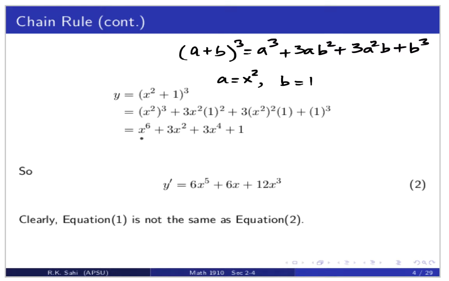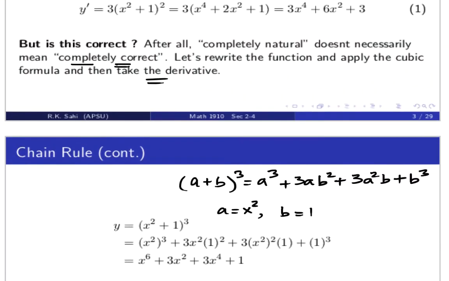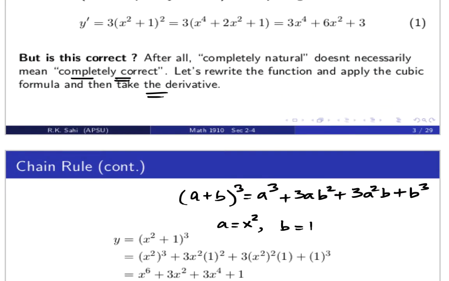If we take the derivative of this, what do we get? y prime is 6x to the 5 plus 12x cubed plus 6x. We know this is definitely correct because we opened up the cubic function and then took the derivative. Whereas in the previous one, y prime was 3x to the 4 plus 6x squared plus 3.